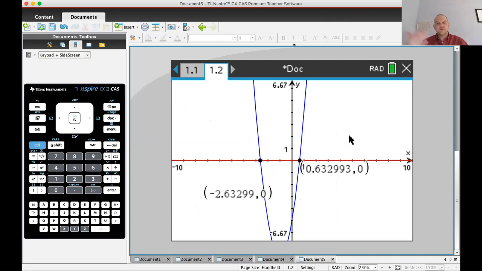I'm going to write them down to 3 decimal places on paper right now. So I'm going to say x is approximately, on paper on the iPad, negative 2.633. How many decimal places was that? 3 decimal places, always. It's possible that you're not seeing that many decimal places. Give me a second.